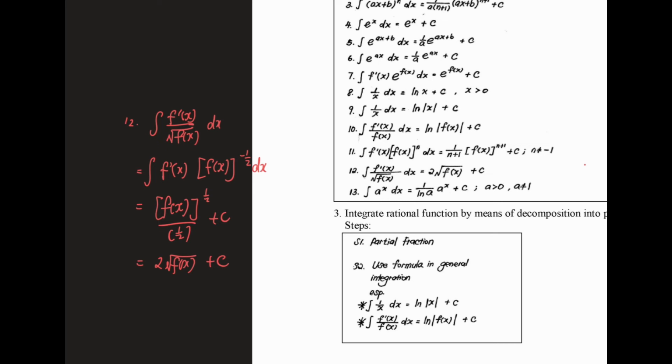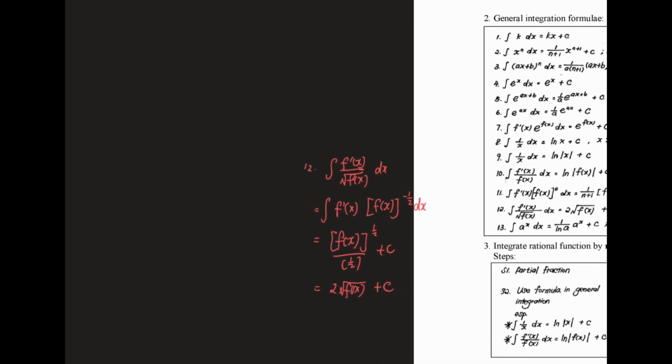Okay, now let's see an example. I use a question on page 11, number 29, based on formula 12. So we have integration of x over the square root of 4 minus x squared dx. Now we have to check first.